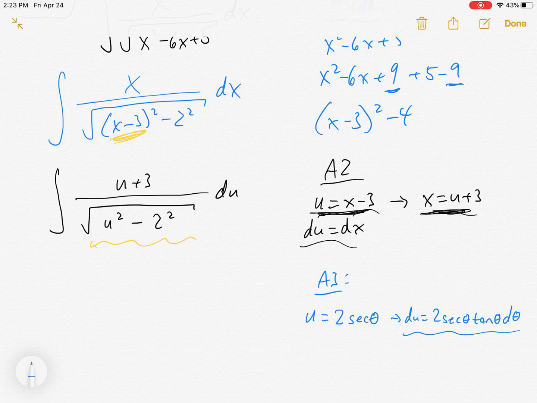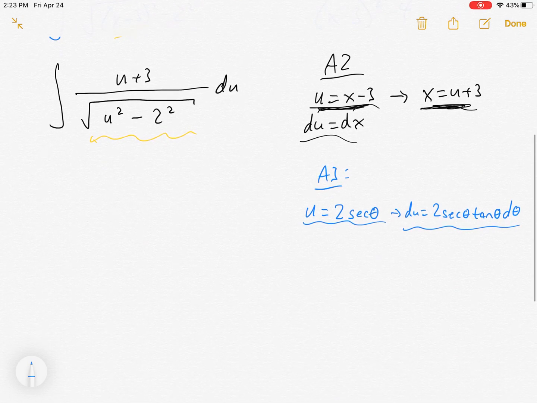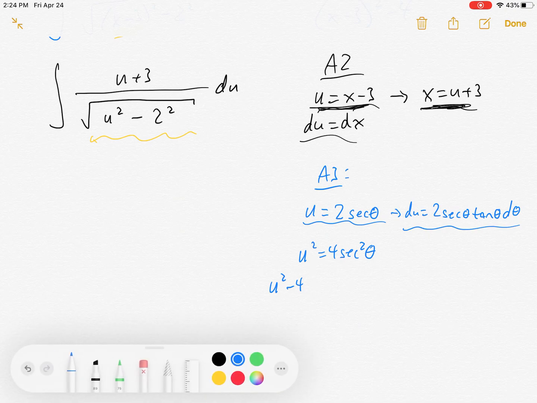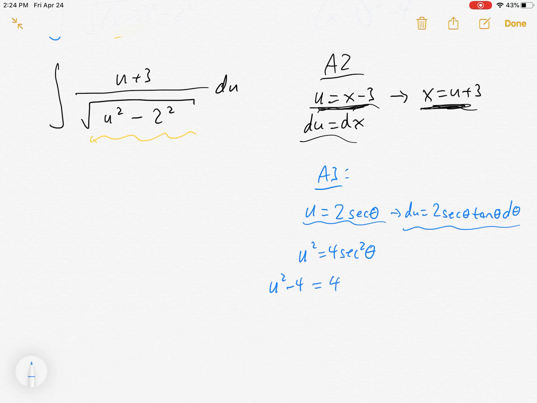And then therefore our du is 2 secant theta, tangent theta, d theta. We're going to need that. So I need to build the denominator. First I need to square it. Then I need to subtract 2 squared. Let's just call it 4.